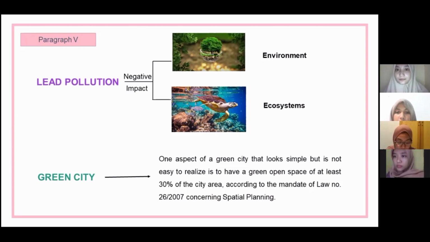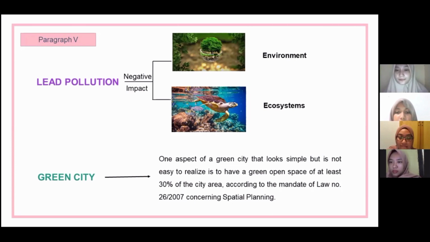For this reason, to reduce lead pollution, collaboration between the community and the government is needed to create a green city. The concept of a green city is an ecologically healthy city, supported by environment-friendly lifestyle and behavior.